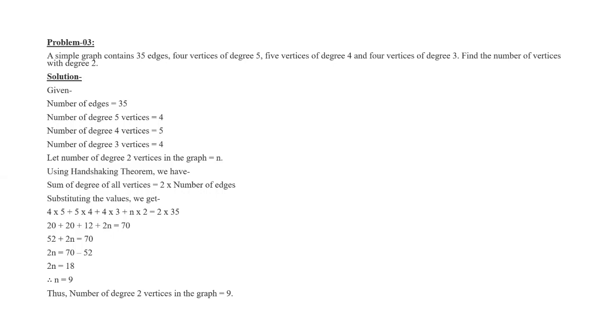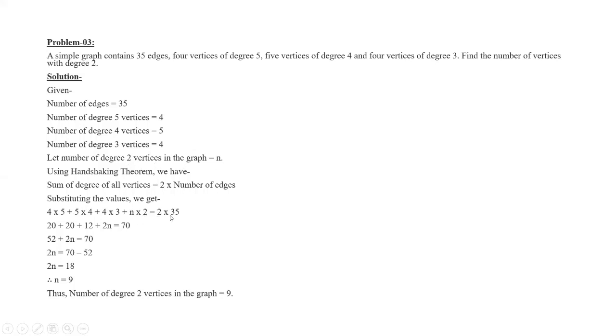Using the handshaking theorem, the sum of the degrees of all vertices is equal to twice the number of edges. So 4 vertices of degree 5 gives 4 into 5, plus 5 vertices of degree 4 gives 5 into 4, plus 4 vertices of degree 3 gives 4 into 3, plus n vertices of degree 2 gives n into 2.